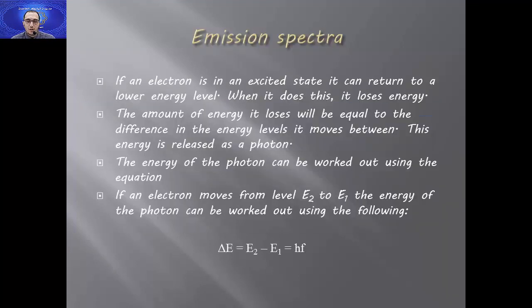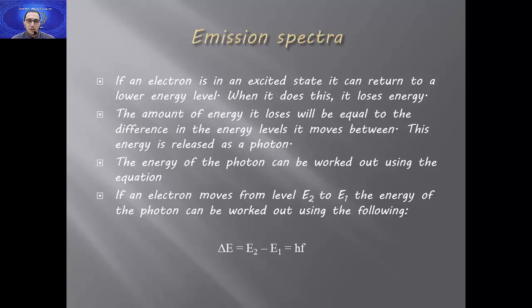Firstly, we have something known as emission spectra. What is meant by spectra? Spectra means the color or the radiation that comes out from the atom. How can this radiation come out from the atom? As we know, around the atom we have some shells or levels of energy.